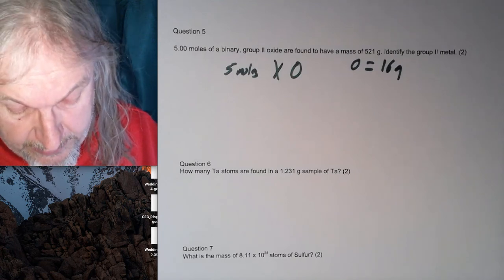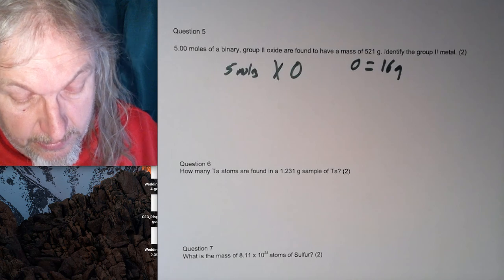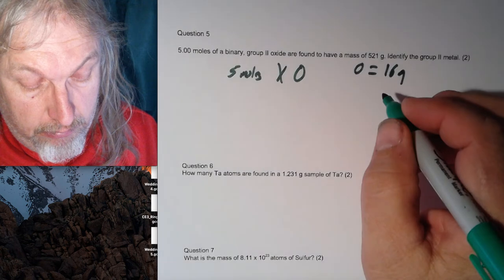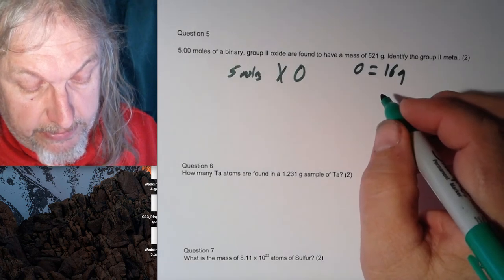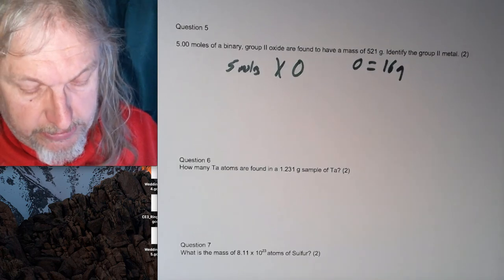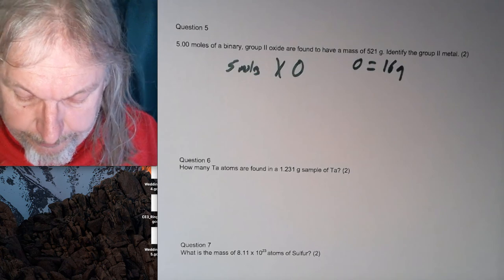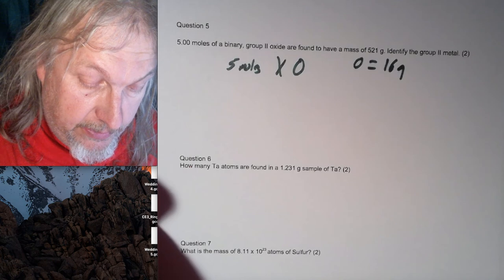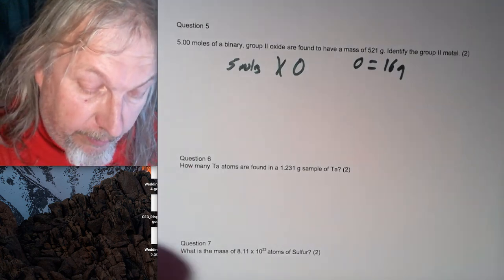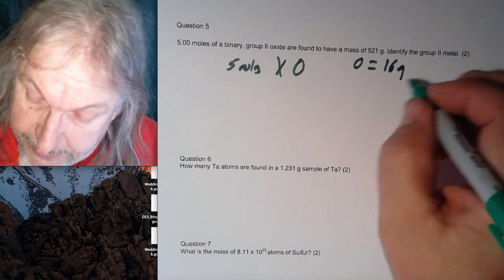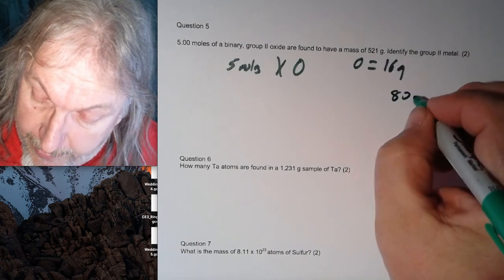So 5 times 16. All right, and that gives me 81. Does that make sense? 32, 64, and another 16. Oh, 80. That would be 80 grams, not 81. You've got to be careful what your calculator says. So that is 80 grams.